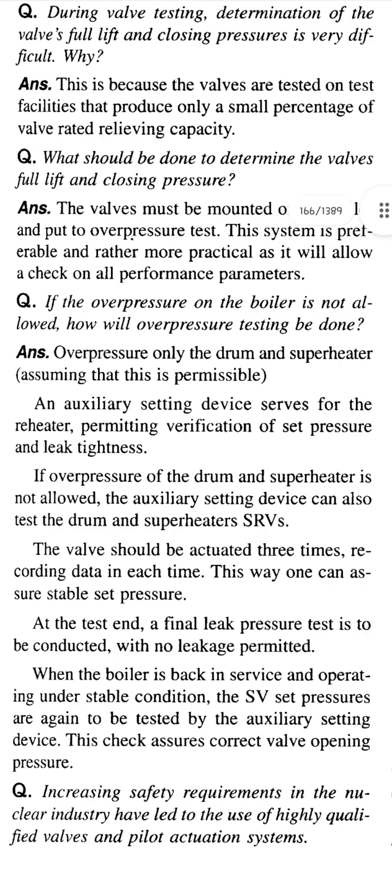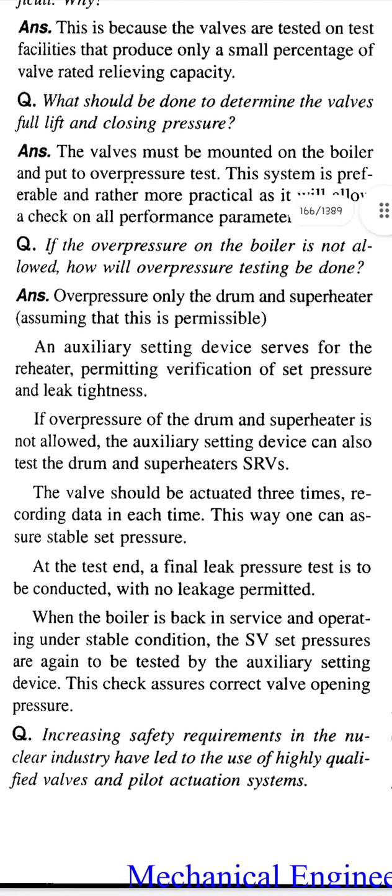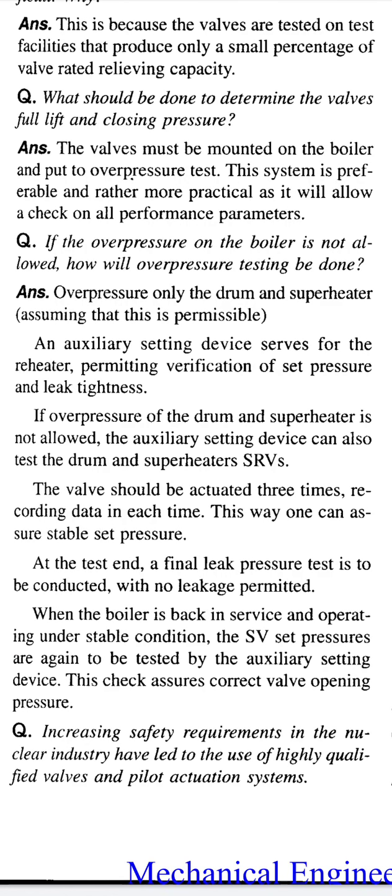Question: if overpressure on the boiler is not allowed, how will overpressure testing be done? Answer: overpressure only the drum and superheater, assuming that this is permissible. An auxiliary setting device serves for the reheater, permitting verification of set pressure and leak tightness.